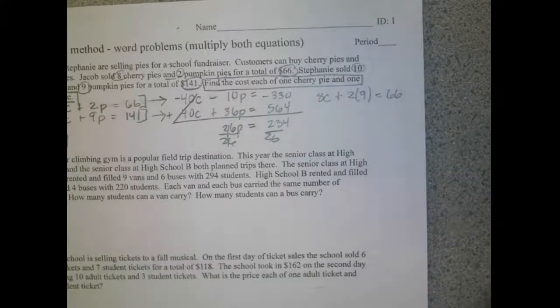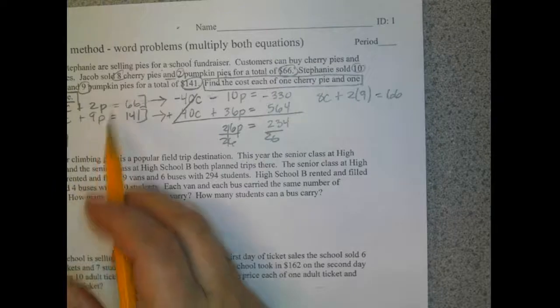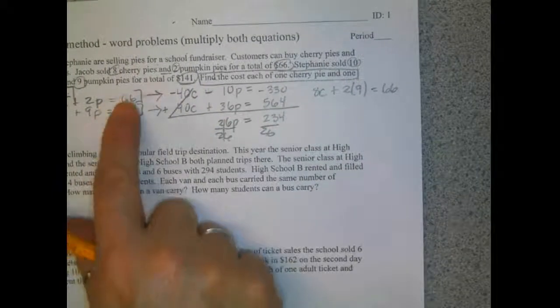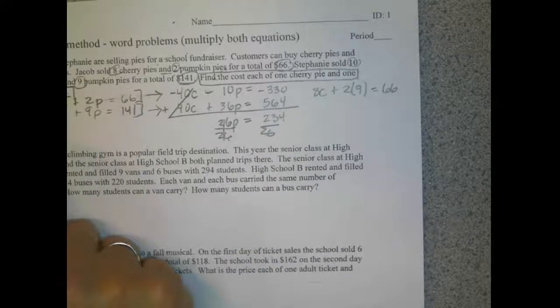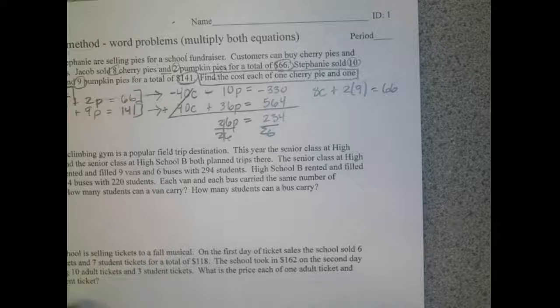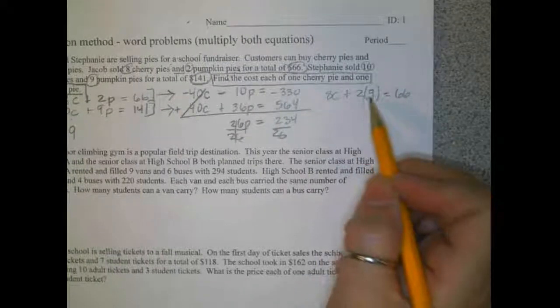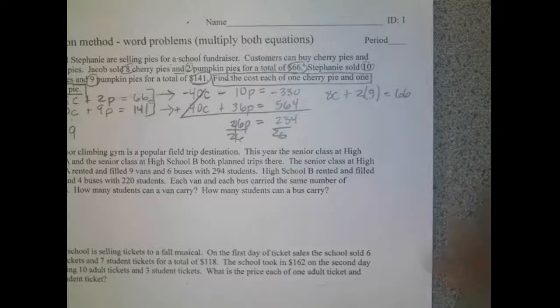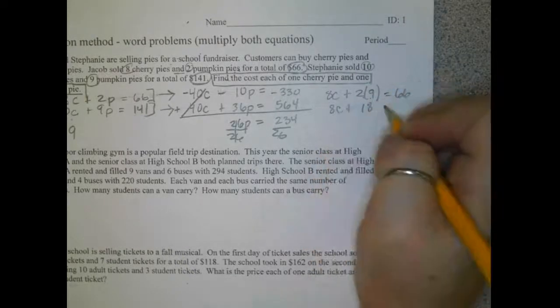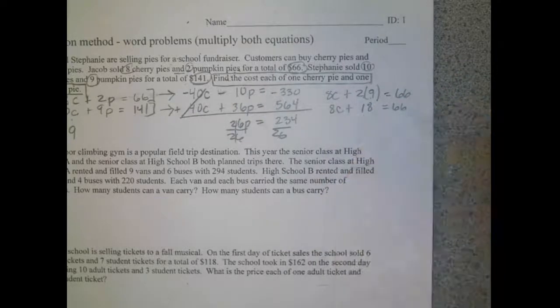And then I need to solve my problem. So the hardest part, what do you think the hardest part is on this problem? Finding out what you're going to multiply by, right? You're going to have to multiply both for these problems. We're going to do a couple together. So what is 2 times 9 then? So I can say 8c plus 18 is equal to 66. How do I move my 18?